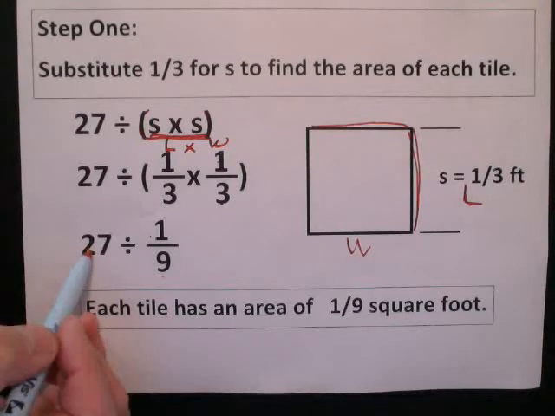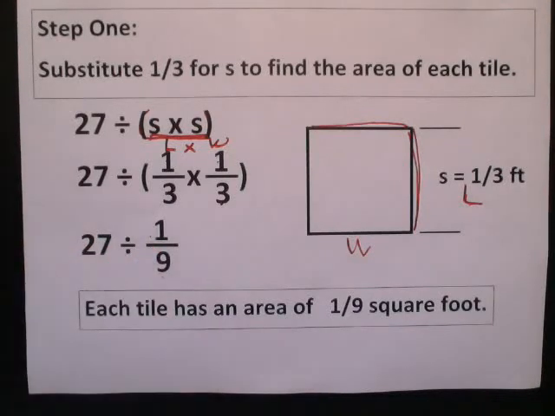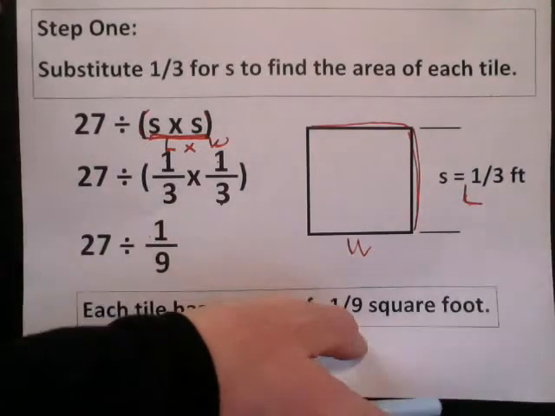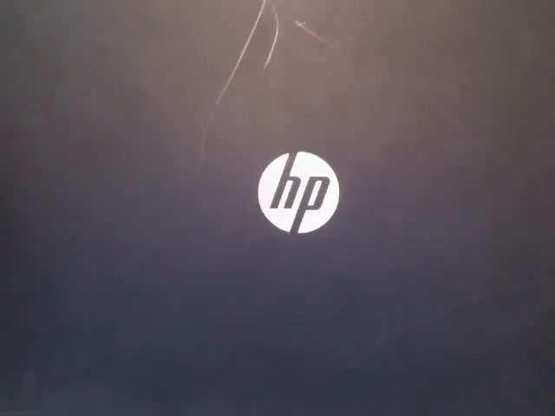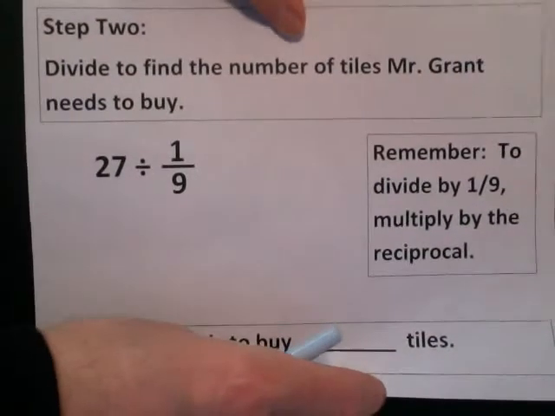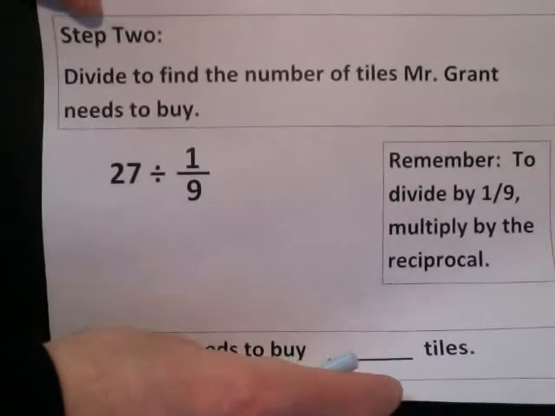Then you can take the area of the room, 27, and divide it by 1/9. So the next step will be to do your actual division.